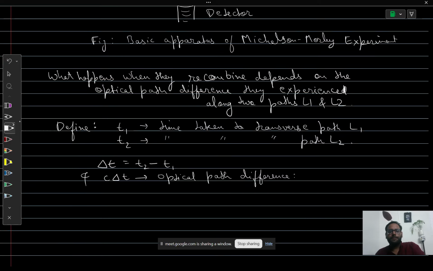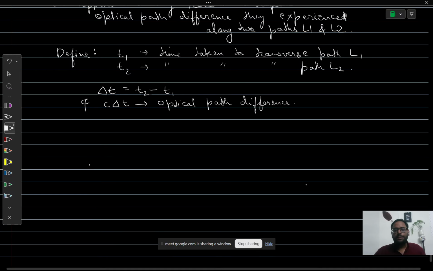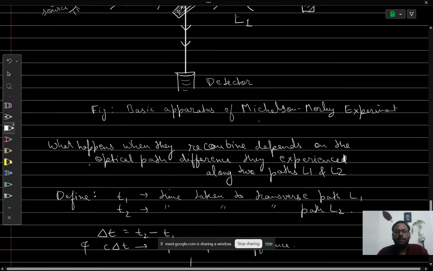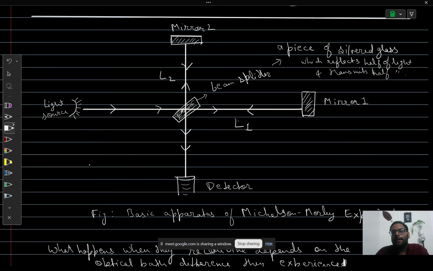Okay, this is simple to calculate. And what does this actually measure? You can guess it. It's simple. What is T1? It is when light goes from the right hand side, gets reflected back and comes here.